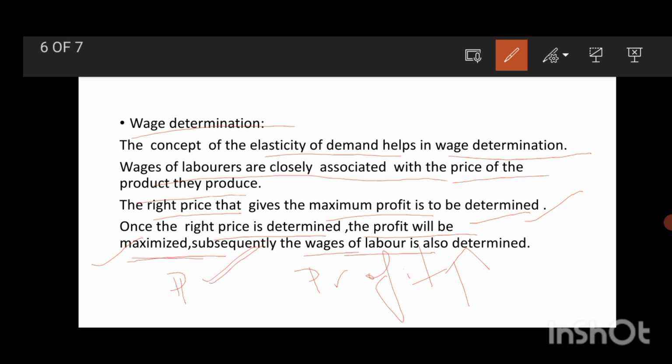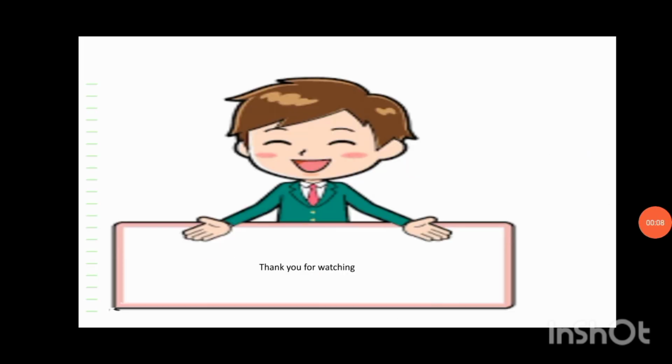Because of that, the firm will get maximum profit, and the overall income of the firm will be high, and that income portion they can utilize for the payment of the labor. Thank you for watching this video.